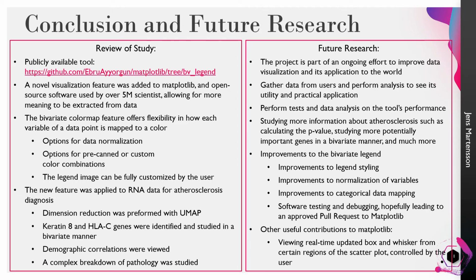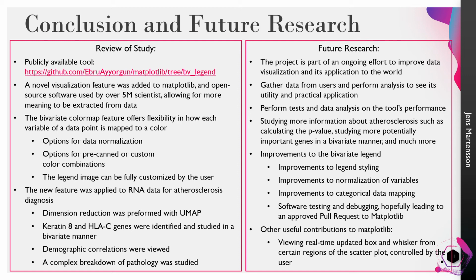So to conclude, I created a publicly available tool which can be found at this link, and it offers options for data normalization, legend customization, and allows for much more information to be extracted from data that previously was impossible to be seen.